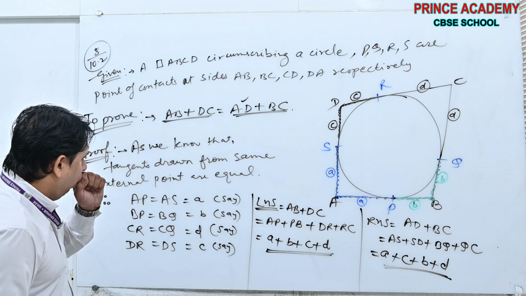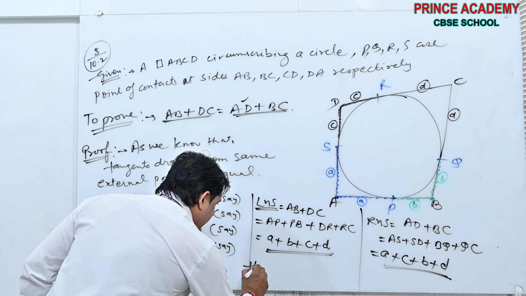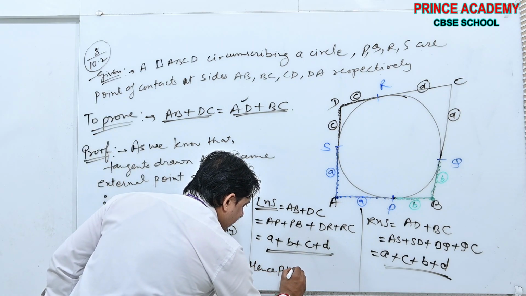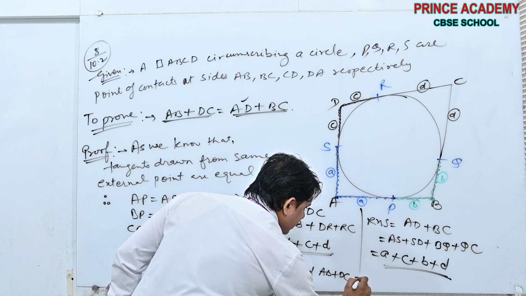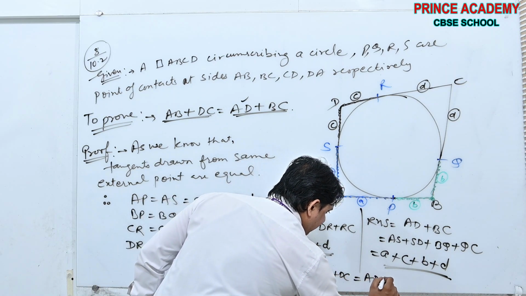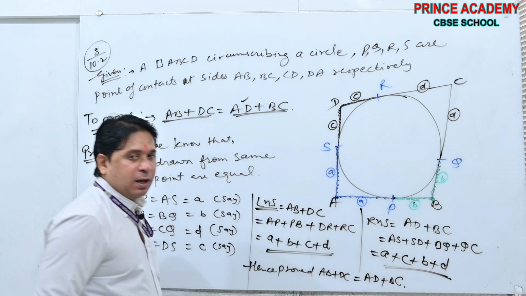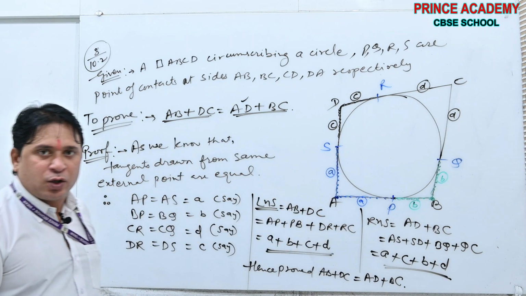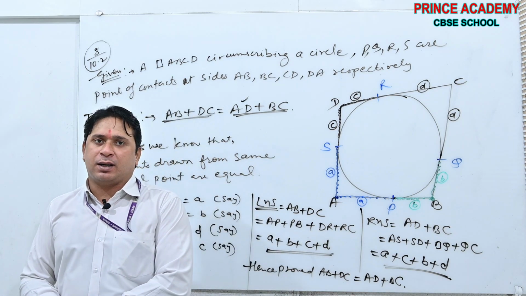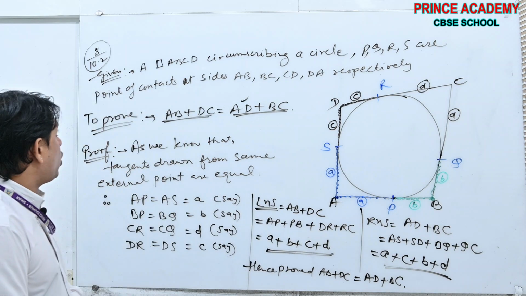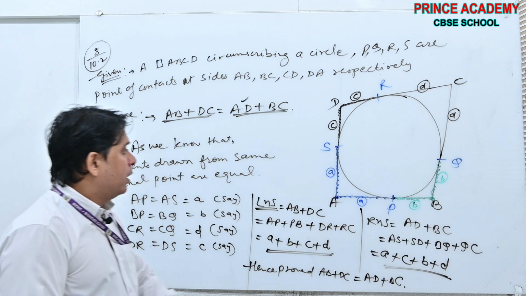Then finally, hence proved: AB plus DC is equal to AD plus BC. Sum of opposite sides of a quadrilateral circumscribing a circle are equal. It was so simple.